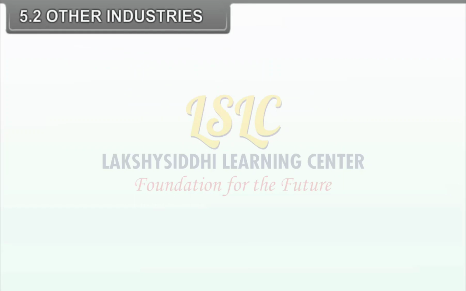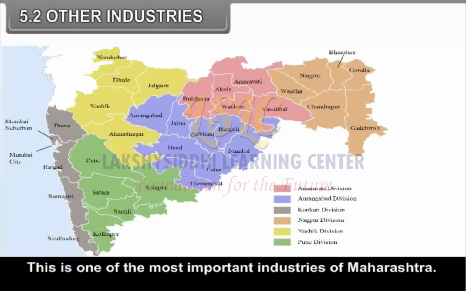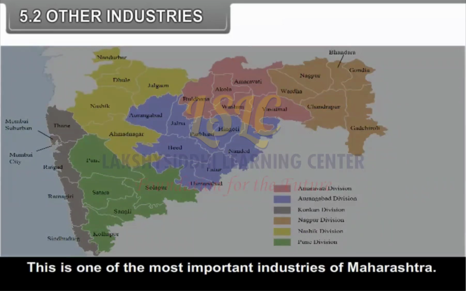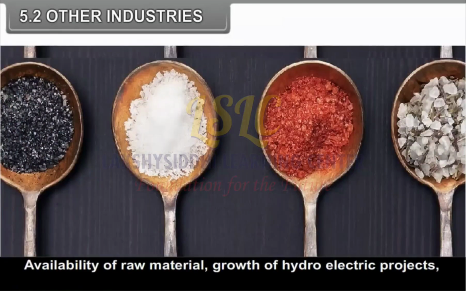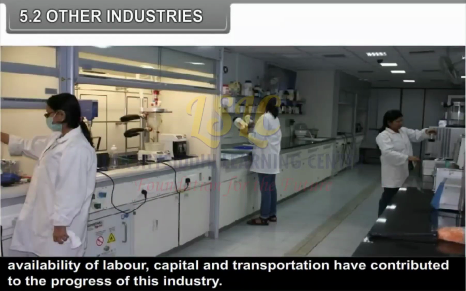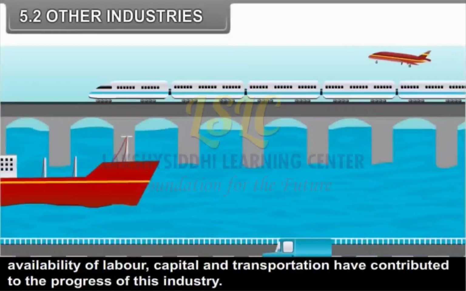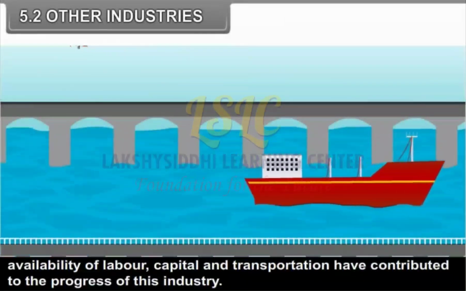5.2 Other industries. 5.2.1 Chemical industry. This is one of the most important industries of Maharashtra. Maharashtra contributes 40% of the total production of chemicals in the country. Availability of raw material, growth of hydroelectric projects, availability of labor, capital and transportation have contributed to the progress of this industry.